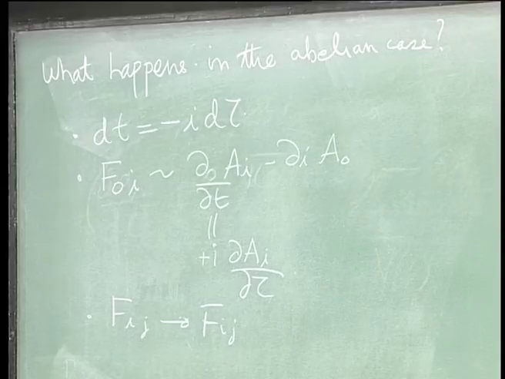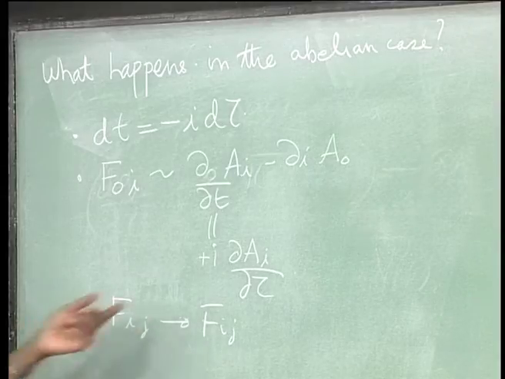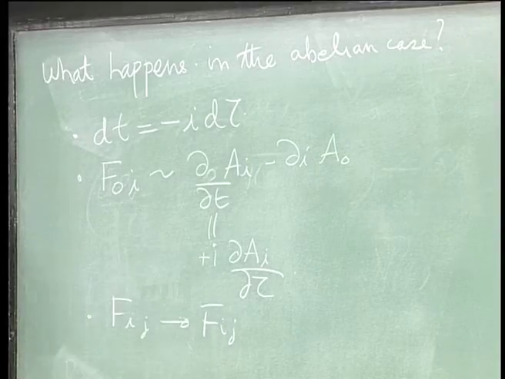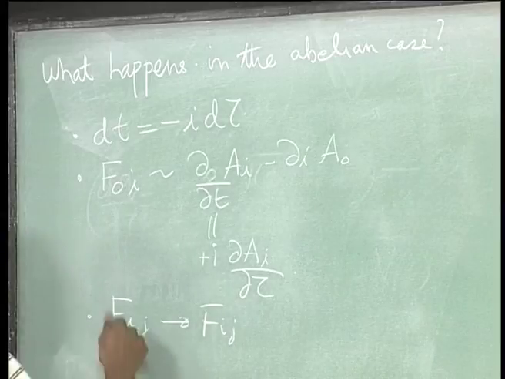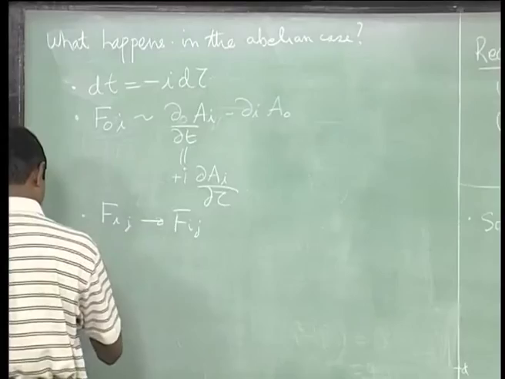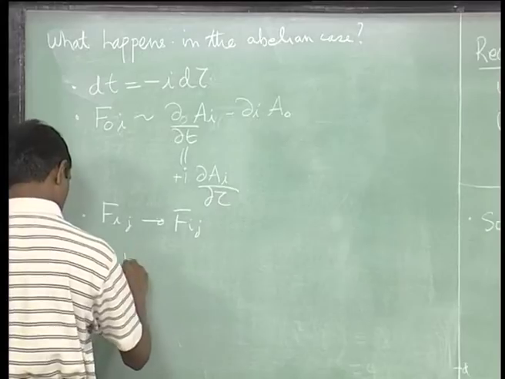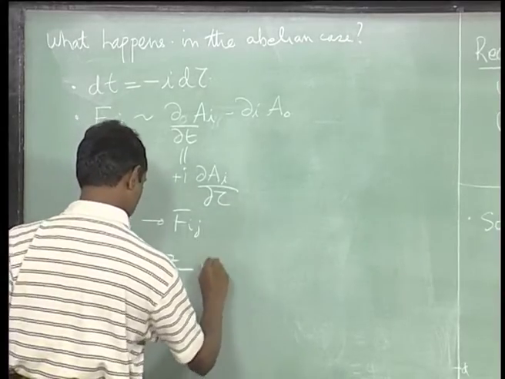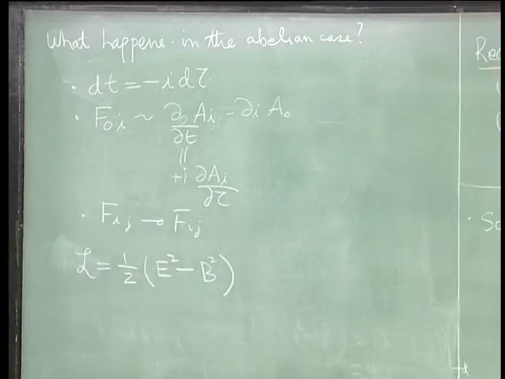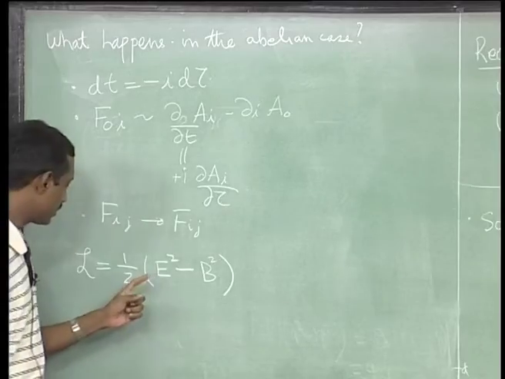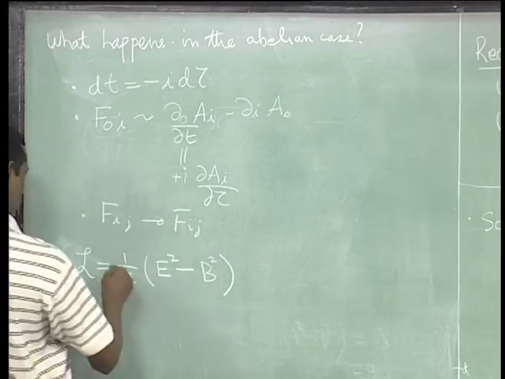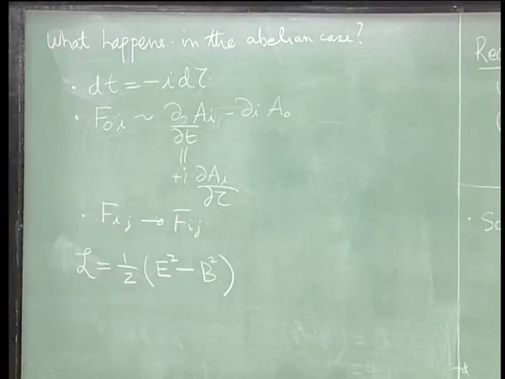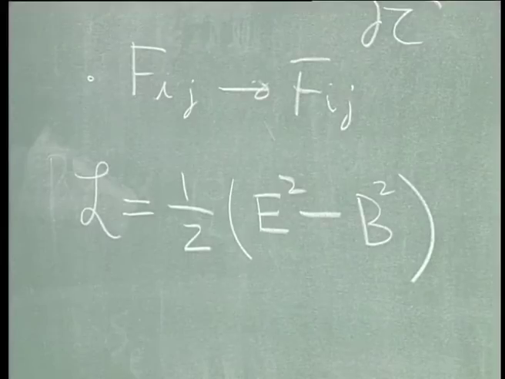The only thing which picks up a funny factor of i is this thing. So you can see that the Lagrangian density was half E squared minus B squared. Yes, this was correct, it is half E squared minus B squared.